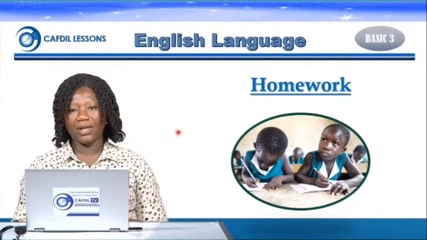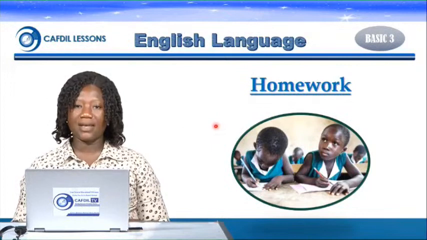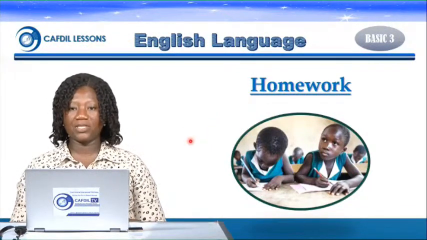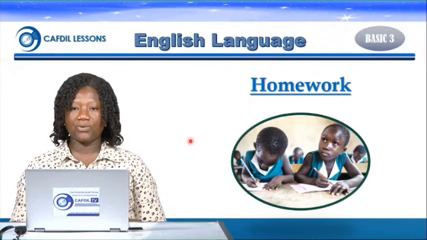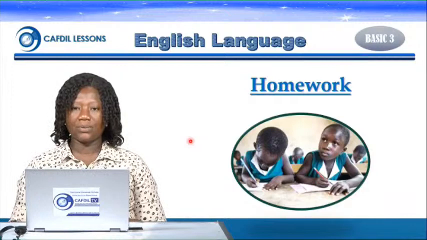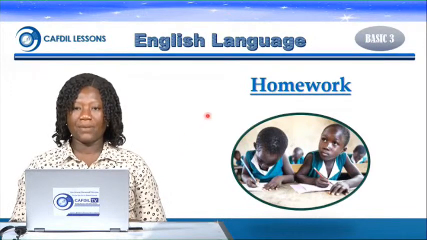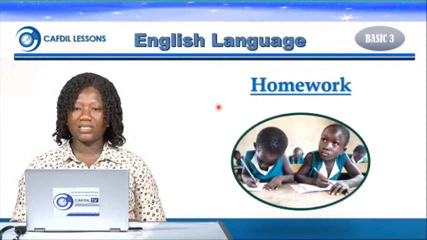Now, we have looked at some action words, and we looked at the pictures and described the words that were being performed, known as the actions, okay? But because we use the he, it, and she, we add an S to the words.